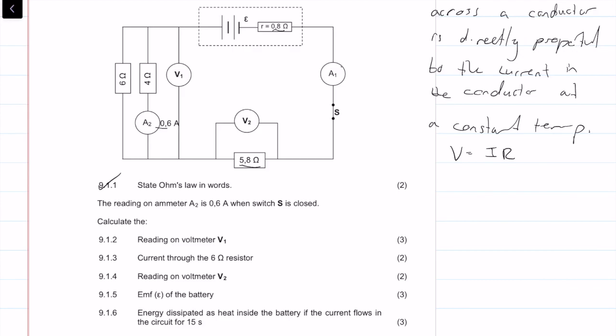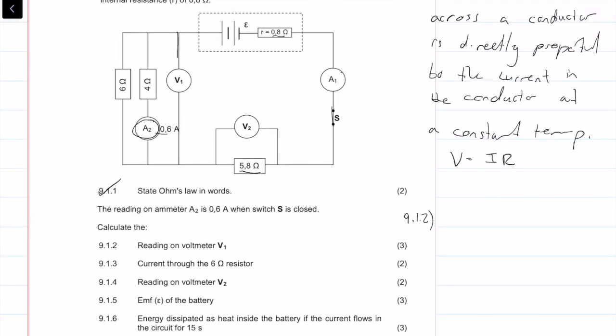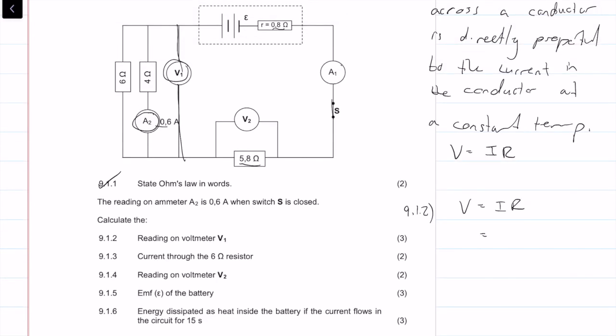The ammeter reading A2 is 0.8 amps when the switch is closed, as shown in this diagram. Question 9.1.2 says calculate the reading of V1. V1 is the voltage across that branch. Using V equals IR, we know the current is 0.6 amps in that branch, and the resistance is 4 ohms.